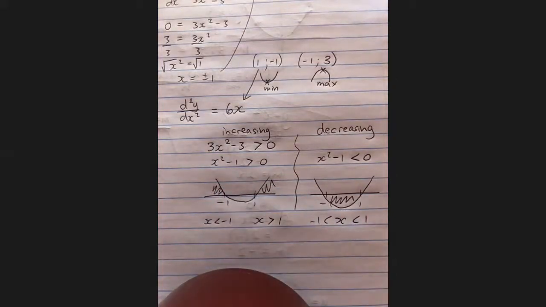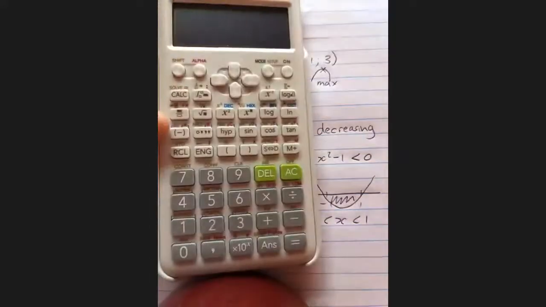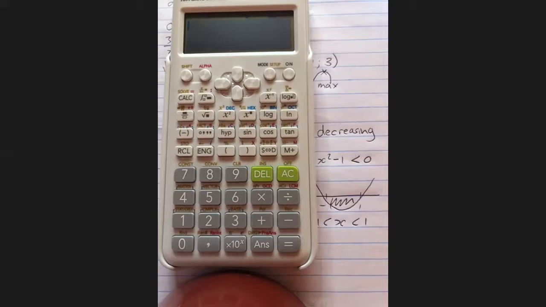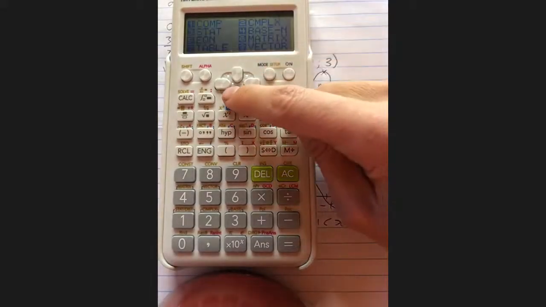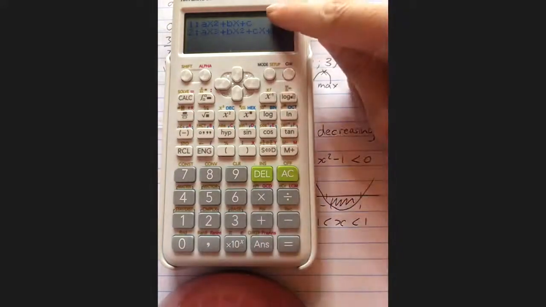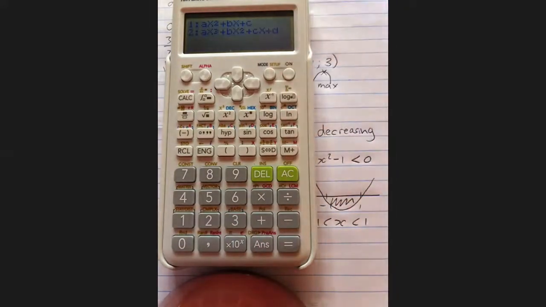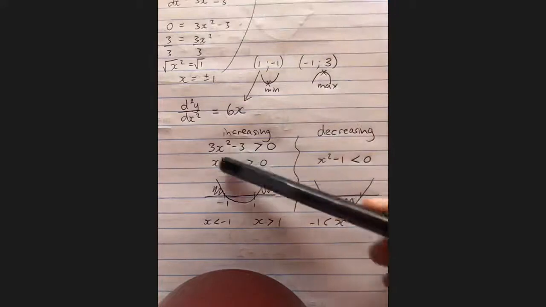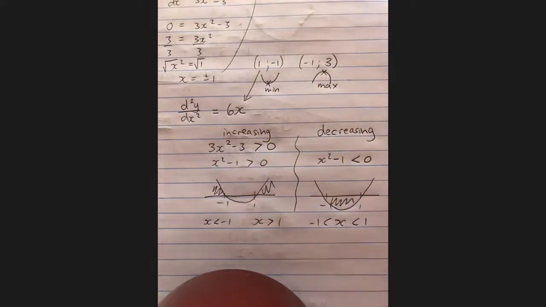But the good news is you can use your calculator. If you've got a smart calculator, especially this new one, you can go to mode, go down, then go to inequalities, and press the one that looks like a quadratic, not a cubic, because we were dealing with a cubic earlier, but now when you derived it, it becomes a quadratic.